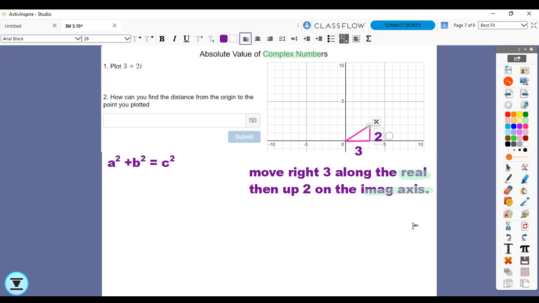So we can just plug that into the formula over here. 3 squared, which is 9, plus 2 squared, which is 4, equals c squared. So 13 equals c squared. So c is the square root of 13.